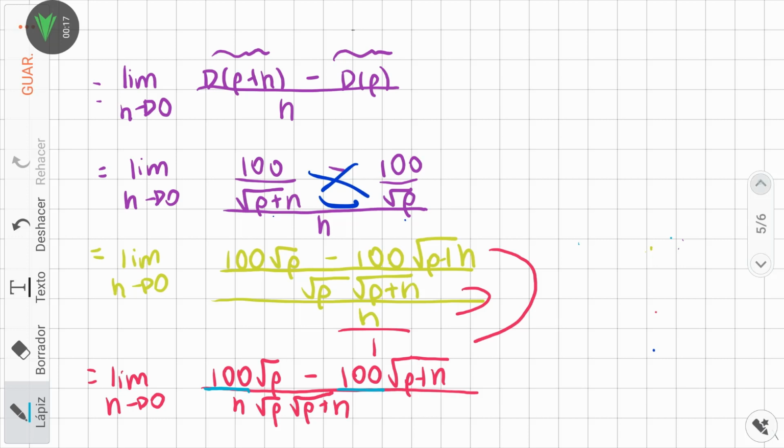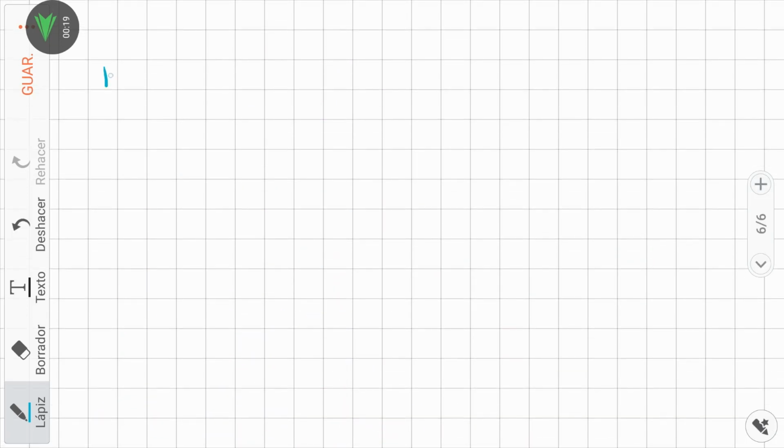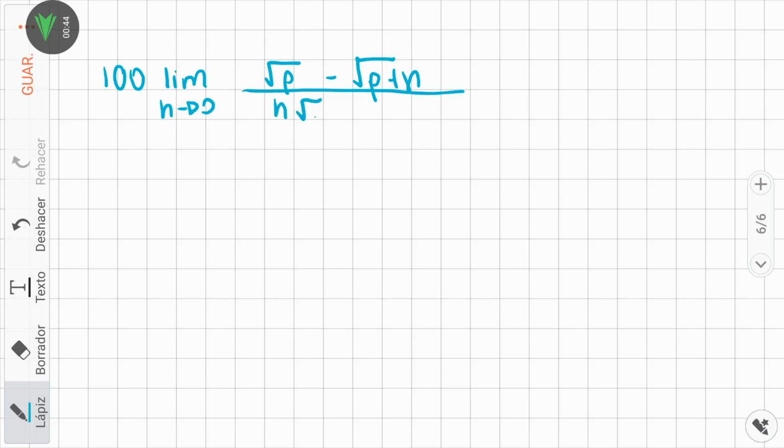So that will simply be 100 times the limit as h approaches 0 of the square root of p minus the square root of p plus h, over the same denominator, which was h times the square root of p times the square root of p plus h.